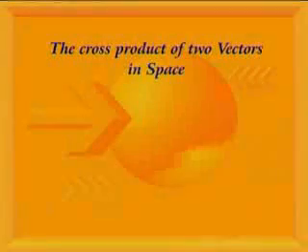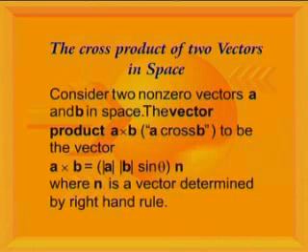Let us see on the screen. So here we can see that A cross B is equal to, as I have stated, magnitude of A, magnitude of B, sine theta n, where n is a unit vector determined by the right hand rule. What is the right hand rule?